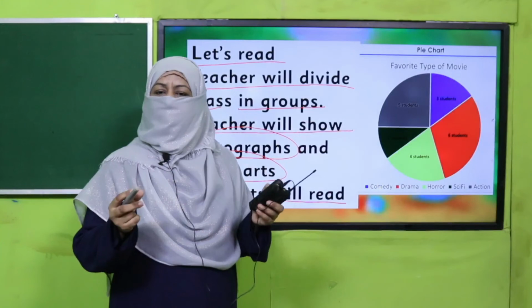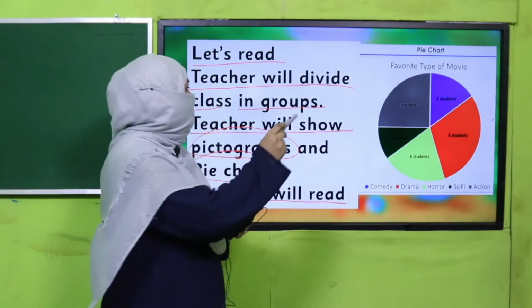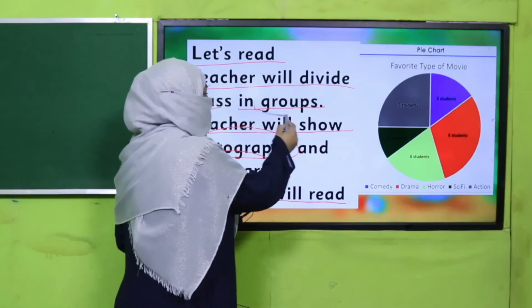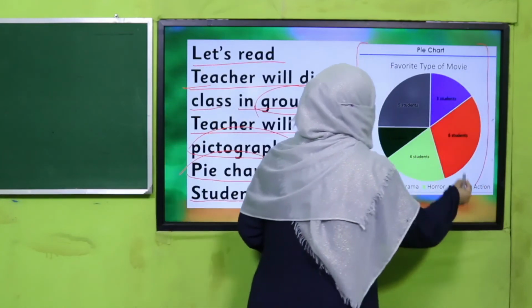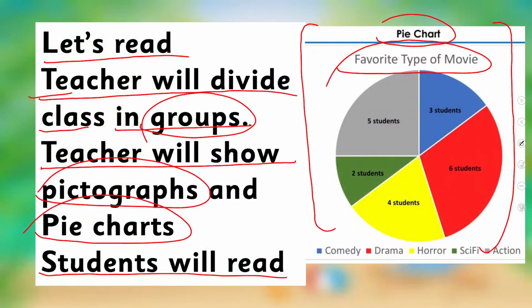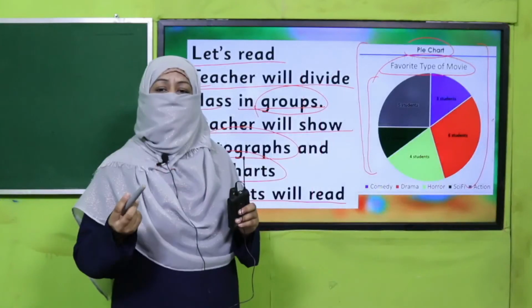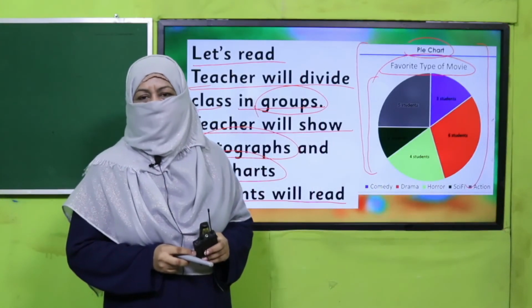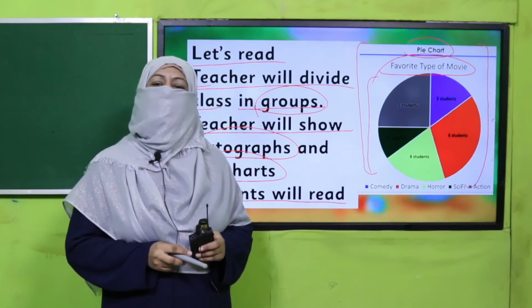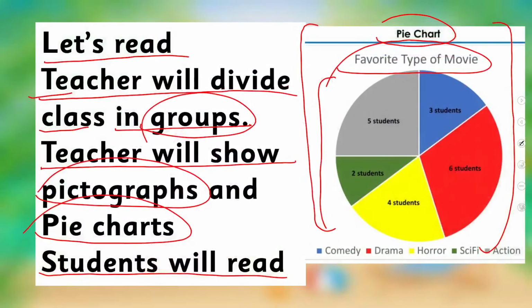You can take different types of graphs and after making groups of children, give them a graph and ask them to read it. What is the title of this graph and how do we read this graph? Let them read it and you can ask different questions about that chart, whether they are done with it or not. Okay, so pause the video, enjoy the activity and then come back.